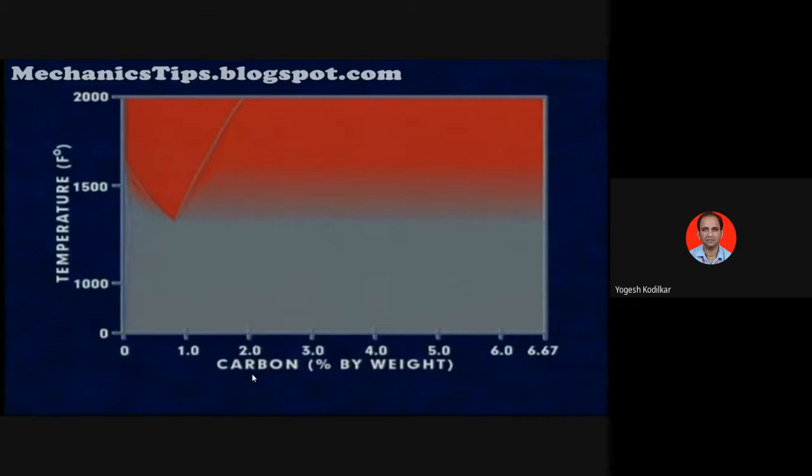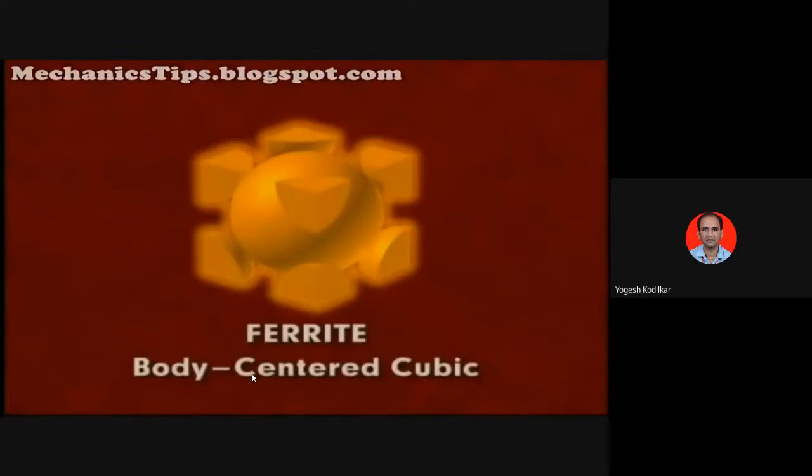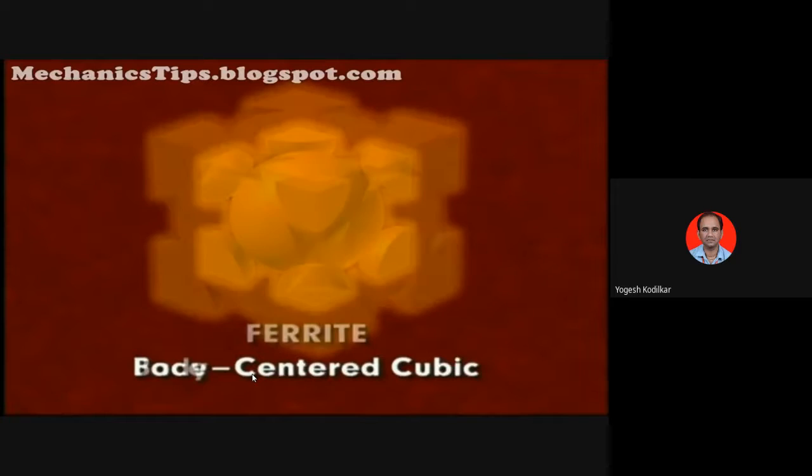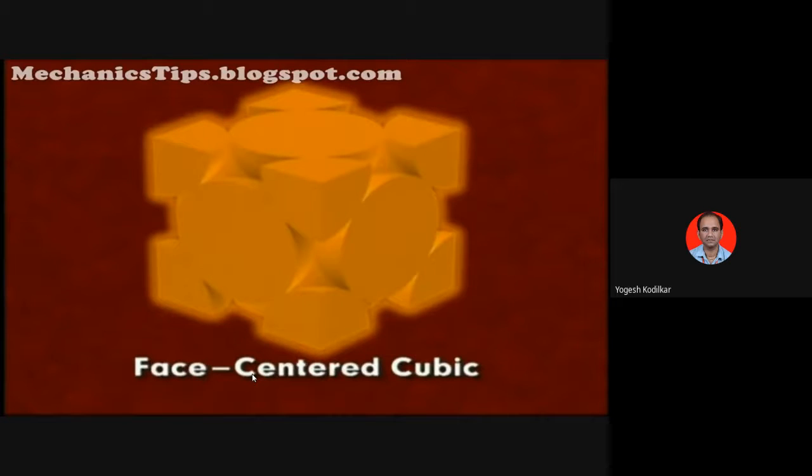The amount of carbon dissolvable in ferrite increases to only a maximum of 0.025% at 1,333 degrees Fahrenheit. When heated to 1,670 degrees Fahrenheit, ferrite's body-centered cubic crystal structure rearranges itself into a face-centered cubic structure, known as austenite.